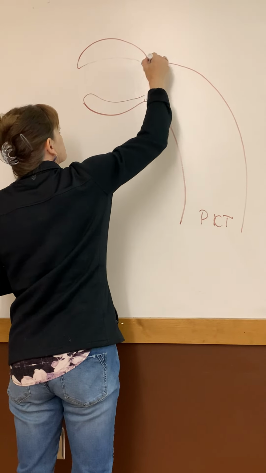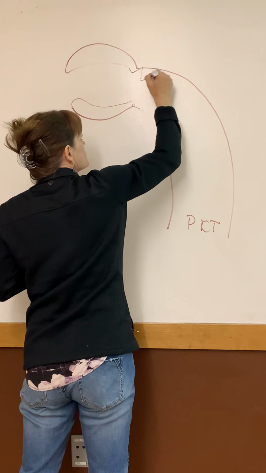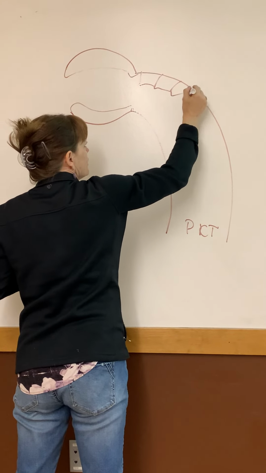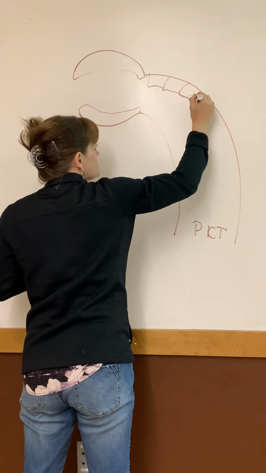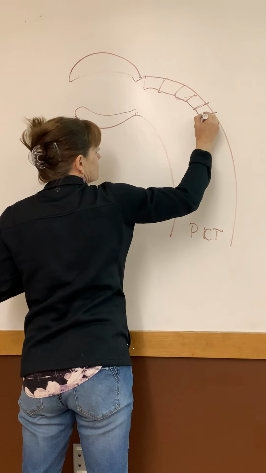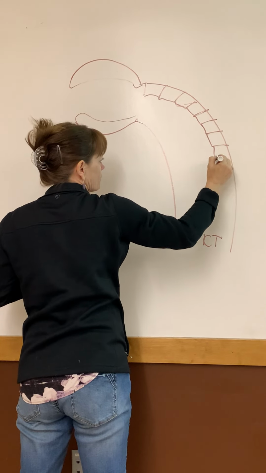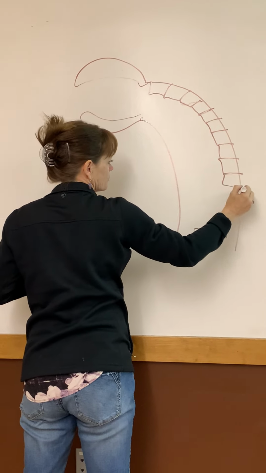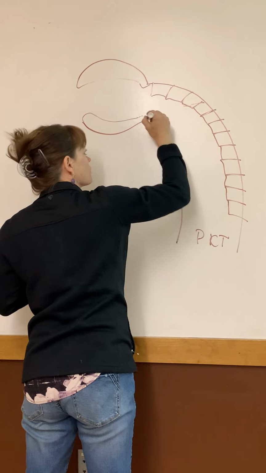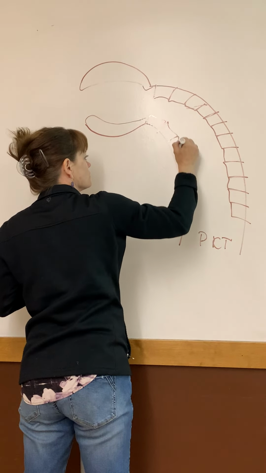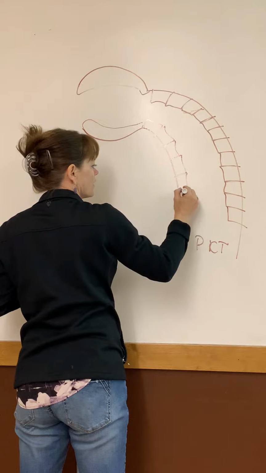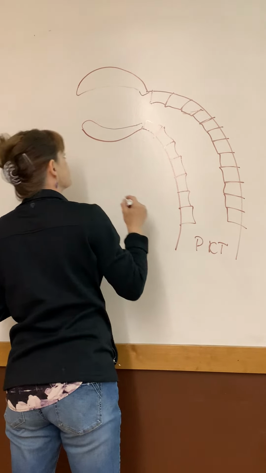The proximal convoluted tubule is single cell thick. It's made up of simple cuboidal epithelial cells, cube-shaped cells. It's important that it's single cell thick, and the capillary is single cell thick too.